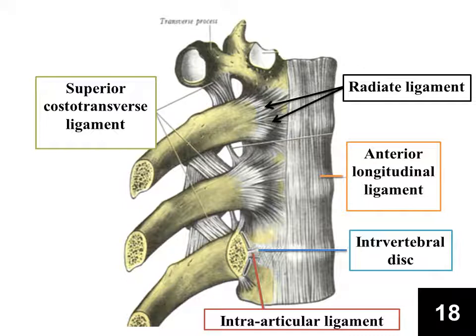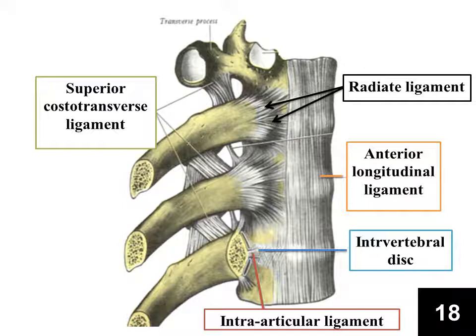Now, the tubercle of the upper 10 ribs each has two parts: a medial articular part and a lateral non-articular part. If you remember, the articular part presents a facet which articulates with the facet near the tip of the transverse process of the vertebra to which it corresponds numerically. The non-articular part provides attachment to the ligament, and this ligament is the costotransverse ligament.